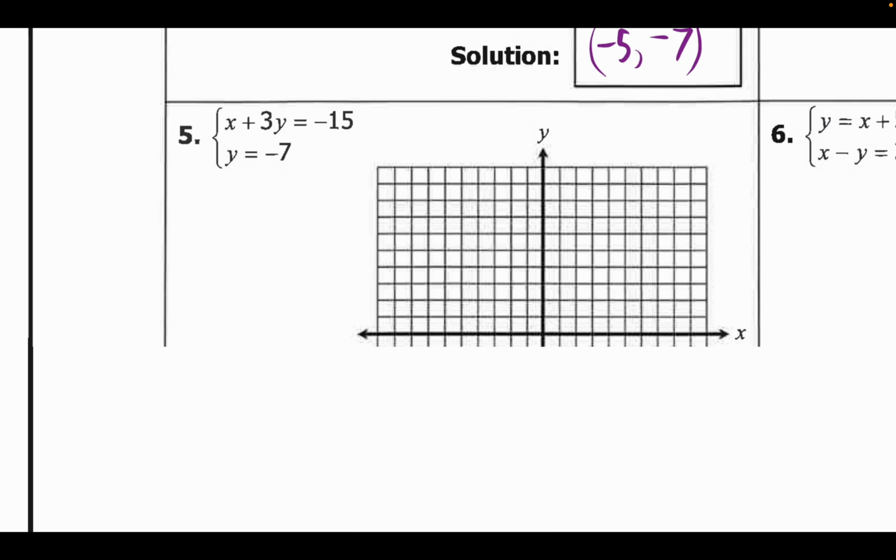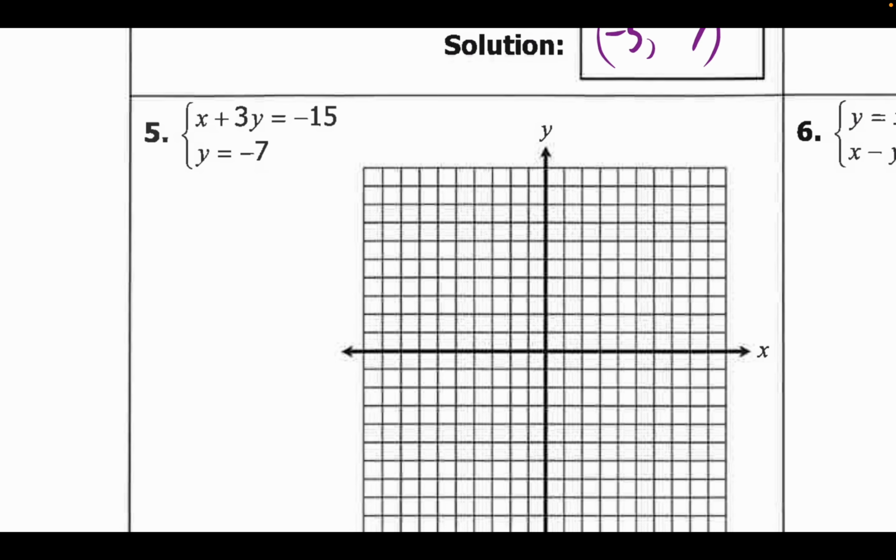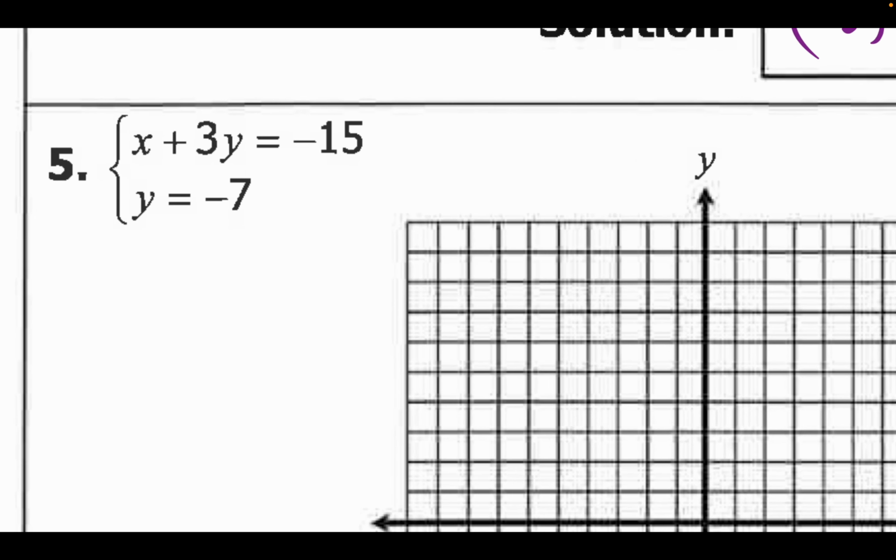Number 5. As I solve this first equation for slope-intercept form, solving it for y, I'm going to start by subtracting x. And I get 3y equals -x minus 15. I divide every single thing by 3.